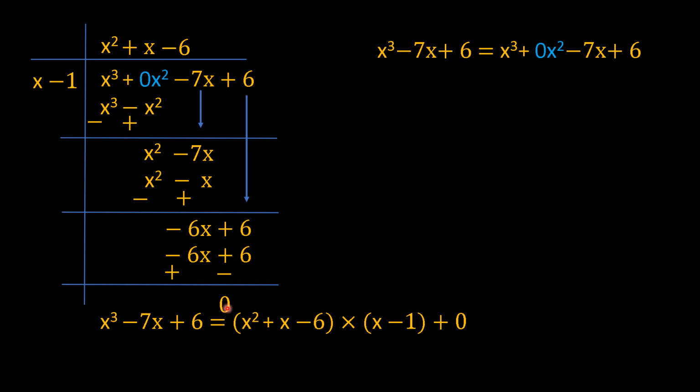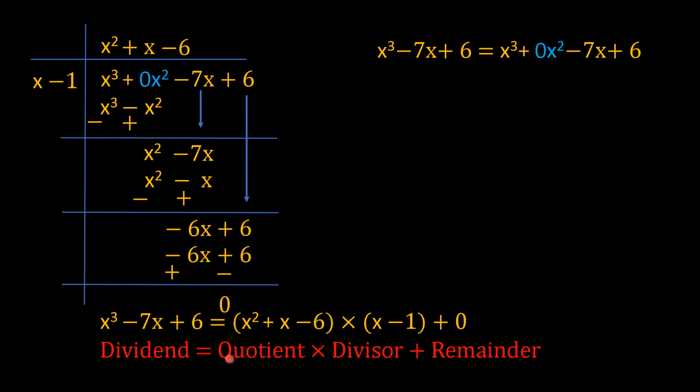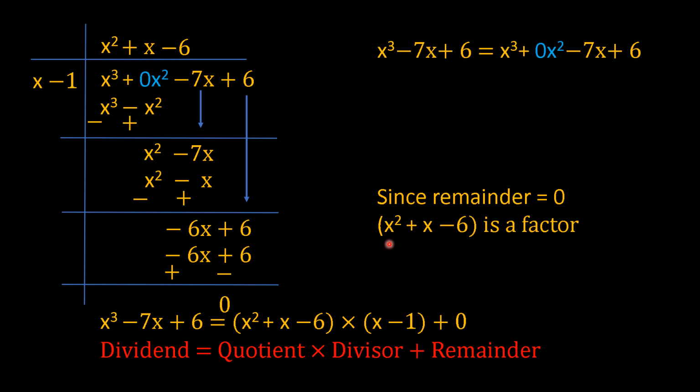And we write the division algorithm as dividend, which is this, equals quotient, which is this, multiplied by divisor, which is this, plus remainder, which is this. Now here, since the remainder is 0, we can say that the quotient x squared plus x minus 6, which is this, is a factor of the dividend x cubed minus 7x plus 6, which is this or this.